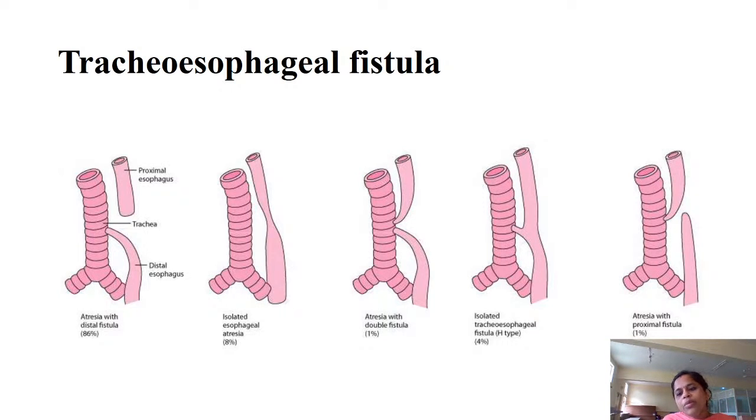And atresia with proximal fistula is the inverse of the first one: the proximal part of the esophagus connects to the trachea, and the distal part is atretic and a blind pouch.